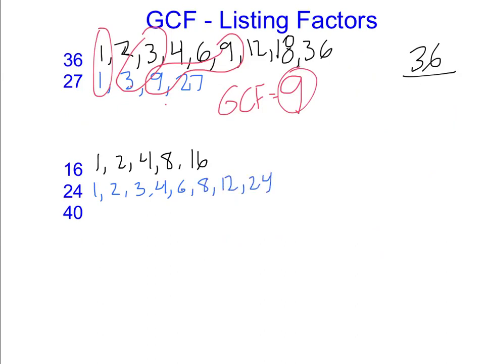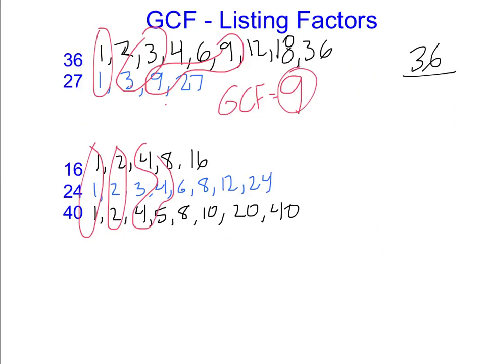And for 40, I have 1, 2, 4, 5, 8, 10, 20, and 40. Alright, they all have a 1 in common, a 2, a 4, and an 8. 16 is the only bigger one for 16, so I can stop because if it doesn't go beyond this one, it's not going to be a match for all 3. There are a lot of factors in common here, but the greatest common factor, the biggest common factor, is 8.